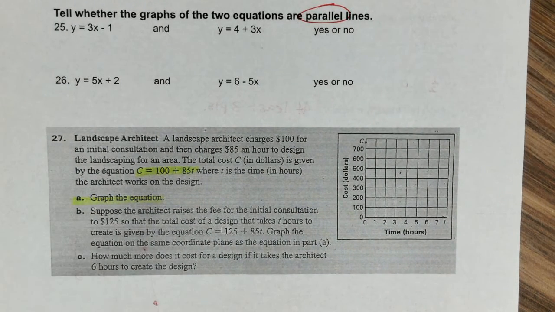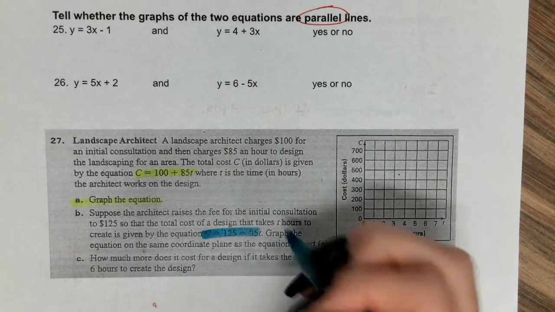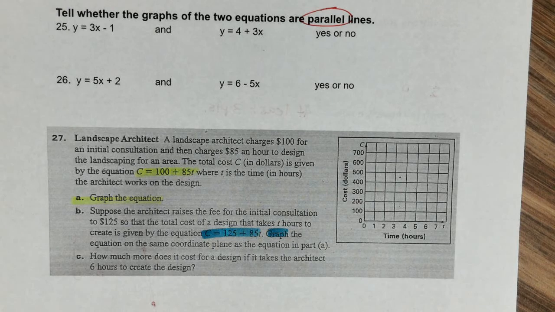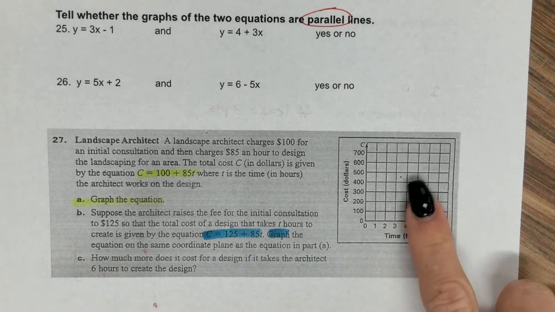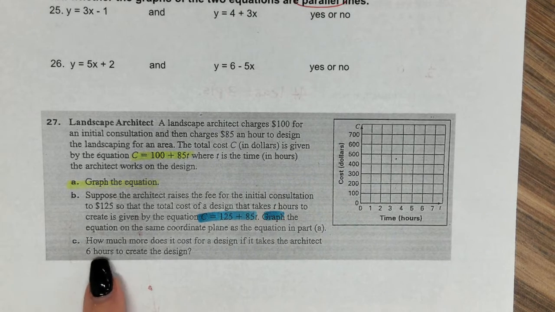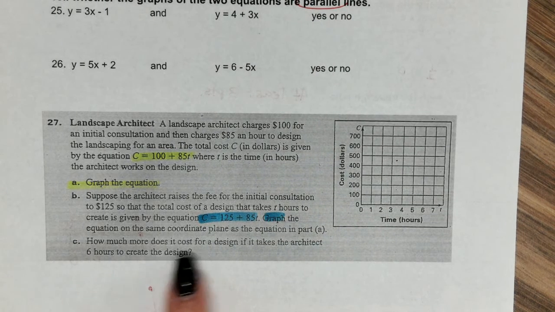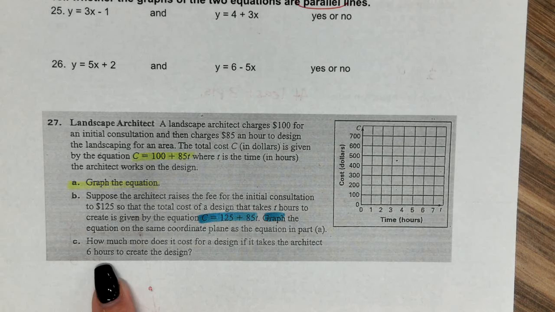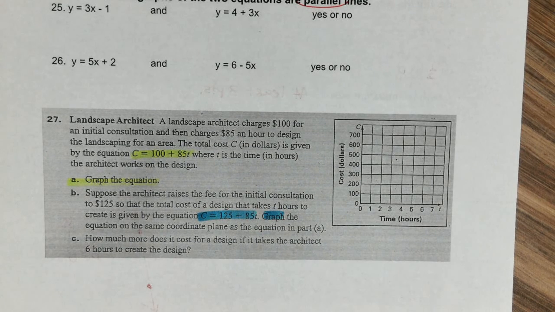Then they say, suppose you change the equation to this. And then they say to do what? So you're going to have 2 graphs, 2 lines on here. Then it wants you to answer the question, how much more does it cost for 6 hours? So you can use your graph to answer that question. Make sense? Get busy.